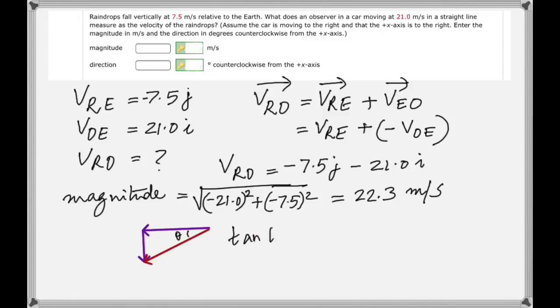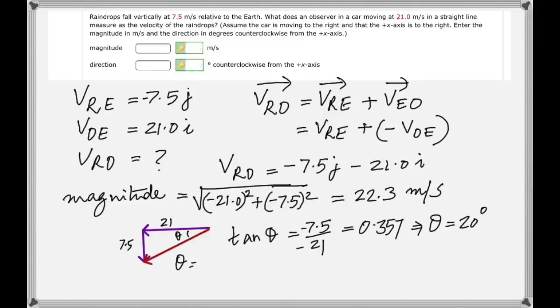And then to find the angle, what you get is 20 degrees, and theta is 180 plus 20, which is 200 degrees. In a counterclockwise direction, you get 200 degrees as your answer.